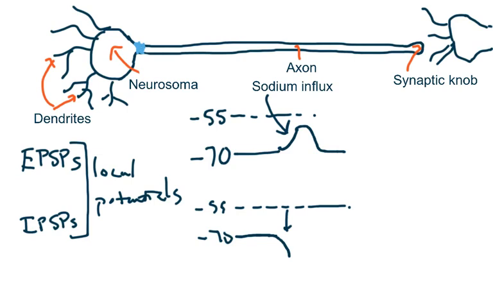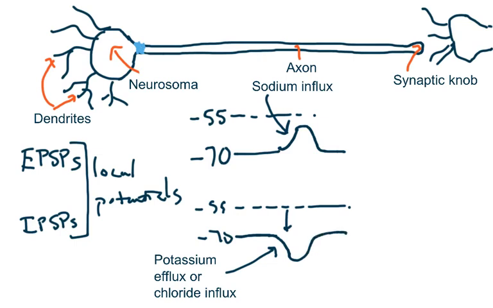So an IPSP, again, is due to either potassium efflux or chloride influx. And again, this is a local potential, so it is reversible and will eventually come back to resting membrane potential, assuming all other things are the same.